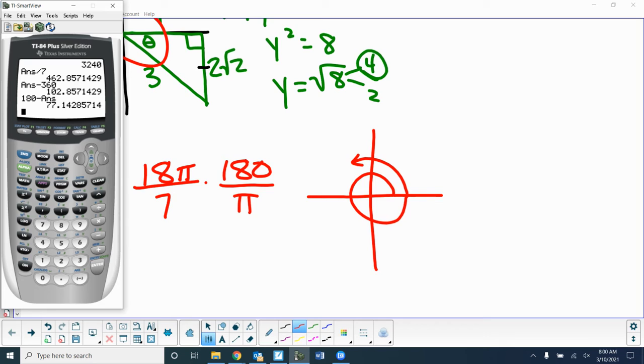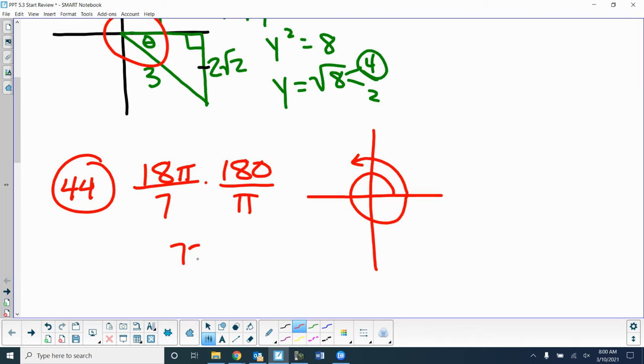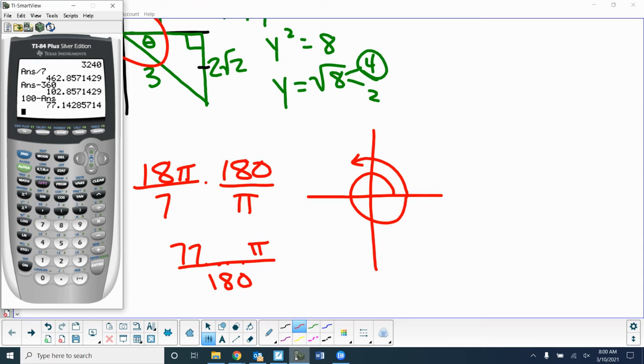And then I'm going to multiply that, whatever it was, 77 point whatever, times pi over 180 to change it back. So I'm just going to divide that by 180 and put pi in my numerator. So this answer divided by 180 is that.